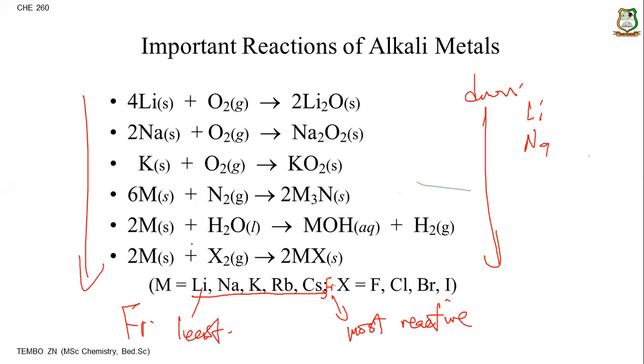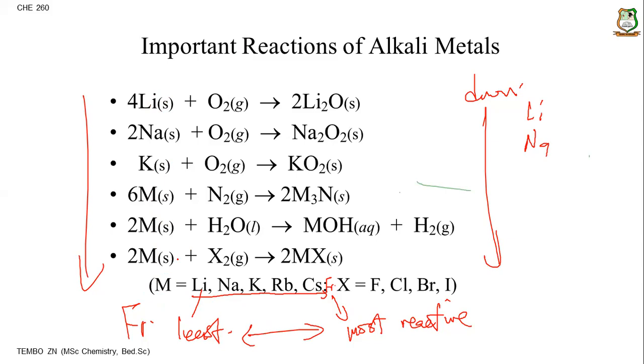Now, those which are least reactive, remember, I want you to know that if we are comparing the group 1 metals amongst themselves, then from lithium coming downwards, that's how the reactivity increases. But if we're going to compare these metals with other metals, the group 1 metals are very reactive.